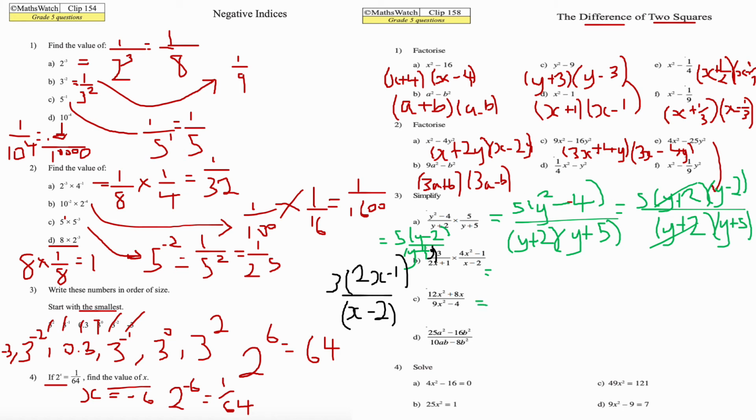Again, factorizing top and bottom, I'm going to take a 4x out of the top part, brackets 3x plus 2. The denominator is a difference of 2 squares: 3x plus 2 times 3x minus 2.